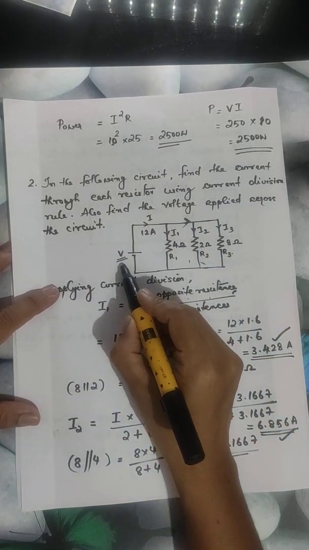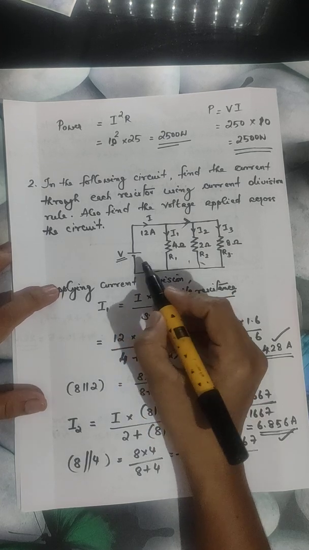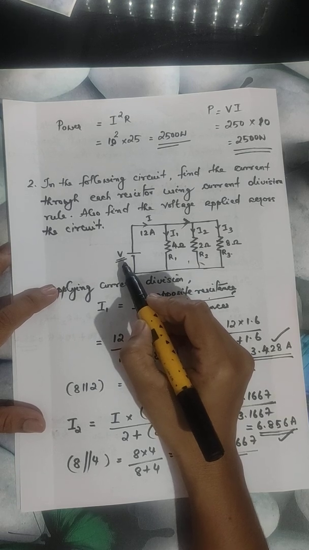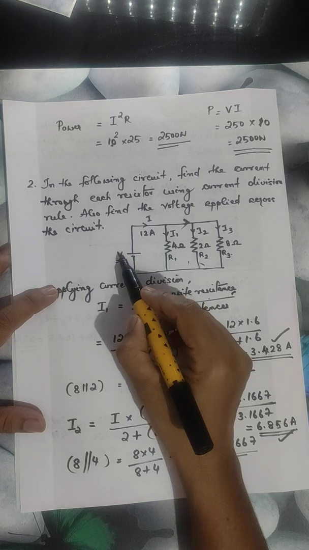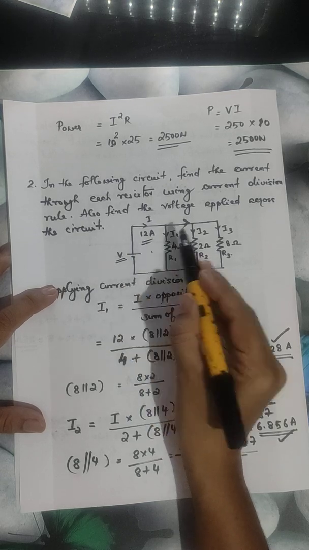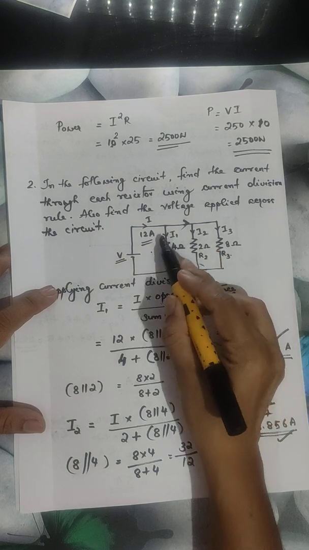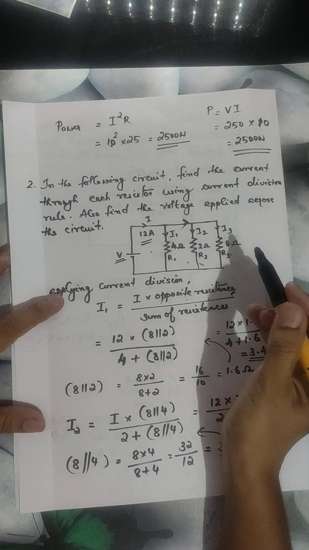This total voltage V. So according to Ohm's law, total voltage can be calculated as V is equal to IR. So total voltage will be equal to total current into total resistance of this circuit or equivalent resistance of this circuit. Okay, that is one way.